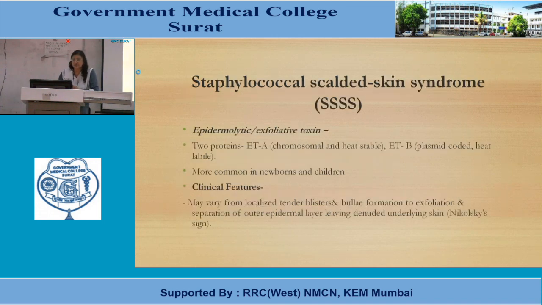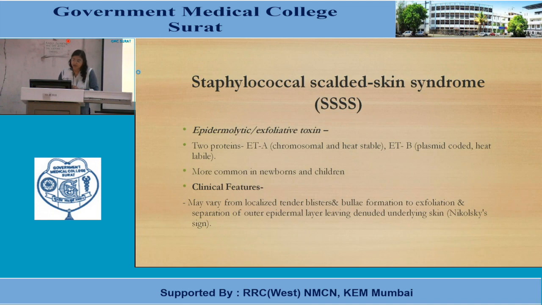Another toxin-mediated illness is the staphylococcal scalded skin syndrome, caused by exfoliative or epidermolytic toxin. Two proteins, epidermolytic toxin A and epidermolytic toxin B, are found. ETA is chromosomal and heat stable.